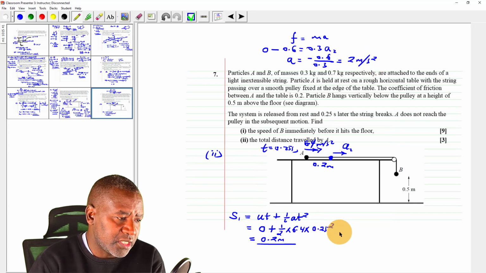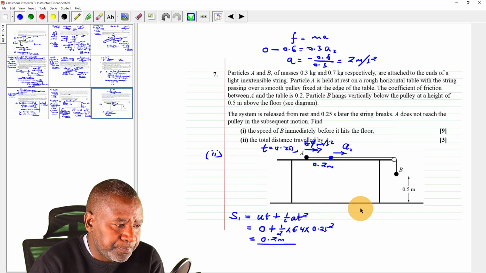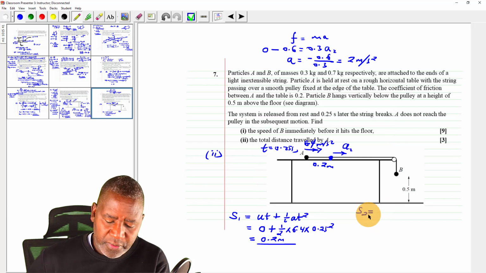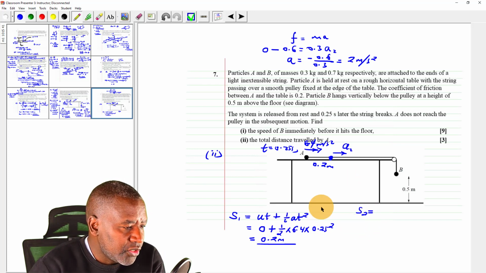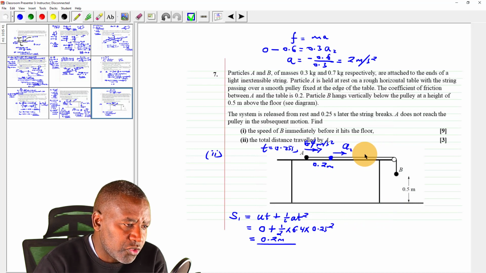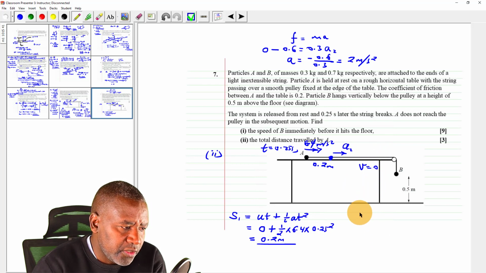Now I can use that acceleration to work out S2. In S2, I know that the speed it has here is 1.6. Now finally it will have to stop at some point here where V is 0. So for me to work out S2, let me see whether this equation will work out.